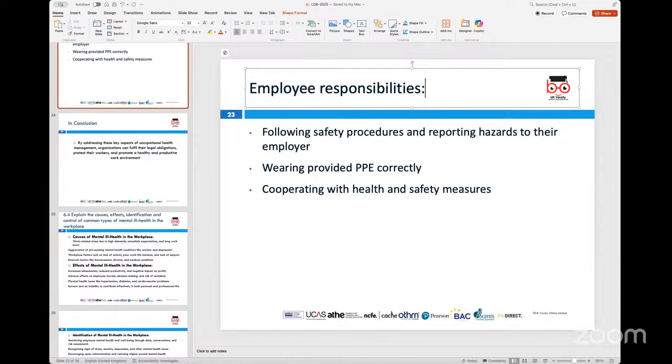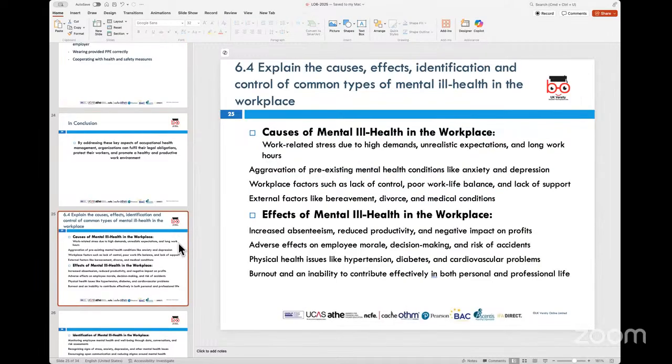Because you've transitioned from a service organization to a manufacturing organization, you need to have the rehabilitation and compensation component as a part of your health and safety policy. Now, if that is not there, if it is not followed, then there are legal considerations. That means you can be taken to the court of law, you could be fined, and those are examples of what you need to give as far as this particular assessment criteria is concerned.